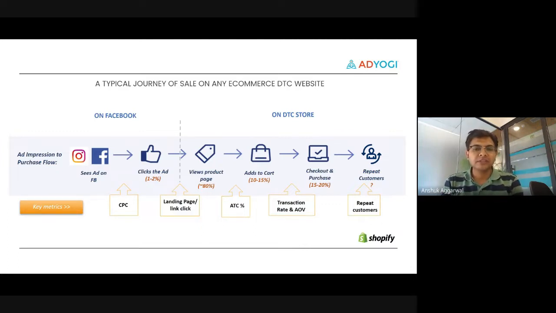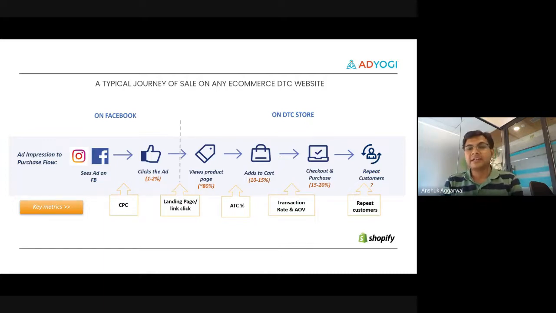And what I've also done, more importantly, is at each stage, I have written down some metrics which actually impact the funnel. So between seeing an ad and clicking, there is something called cost per click. Between clicking and landing page view by link click, which effectively means that not everybody who clicks on your ad actually lands on the website. We'll talk more about it as we go along.